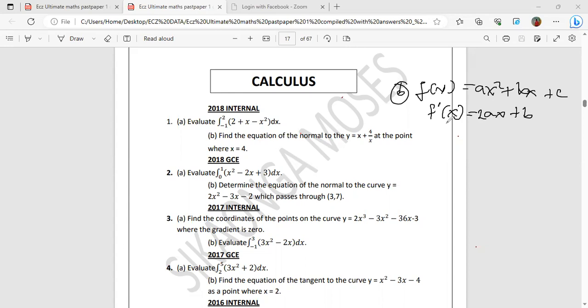Remember what we said. If this is the gradient function, for you to get the actual gradient, you are going to take the values that you've been given for that particular point. So you're going to get the x value, suppose it is k, and replace it there.